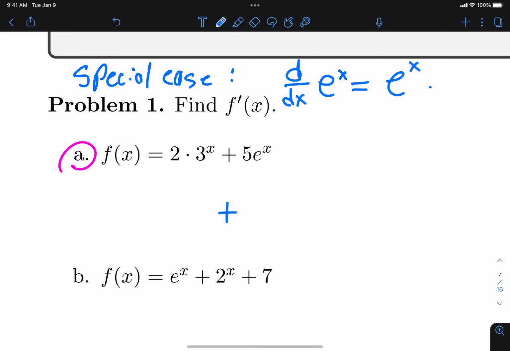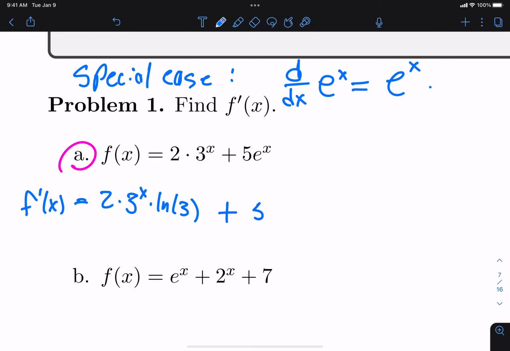That's the sum and difference rule. And then the constant multiple rule says that, look, the derivative of 2 times this function is just going to be 2 times whatever is the derivative of 3 to the x, which we just learned will be 3 to the x times ln of 3. And now we add, and what is the derivative of 5e to the x going to be?